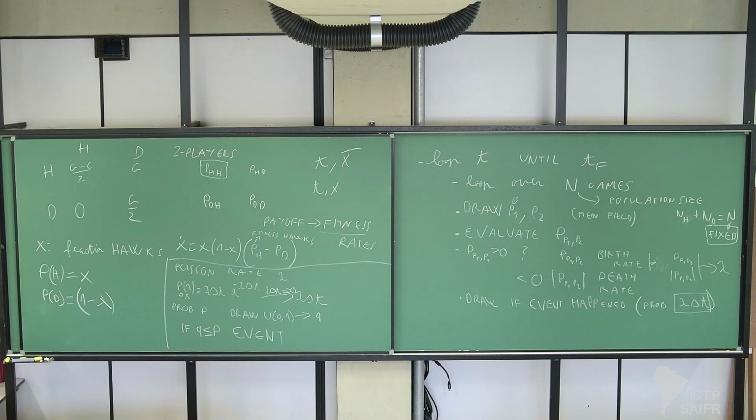So essentially, if I'm telling you that you have a certain process with a rate, it means that on average, after delta t, you will have rate times delta t events happening, okay? And this is what we were doing before with this equation.